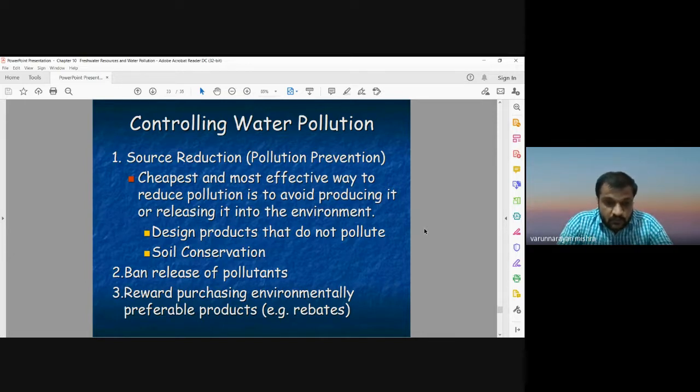Okay, we should also purchase environment friendly products, so it may also reduce the water pollution. So these are some controlling factors that may be used for reducing the water pollution, that may be used to reduce the source of different pollutions to that water.